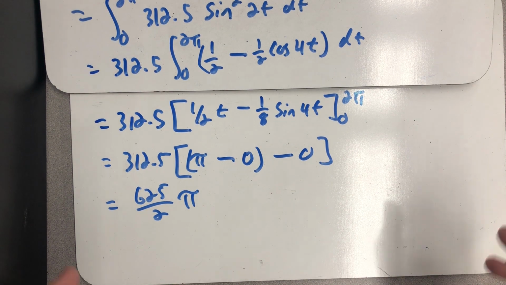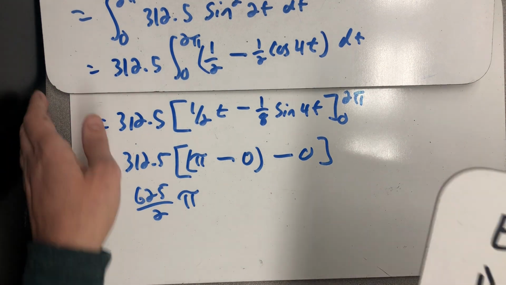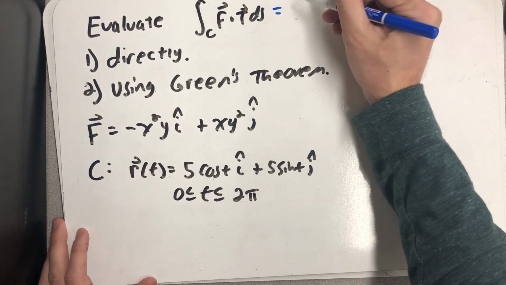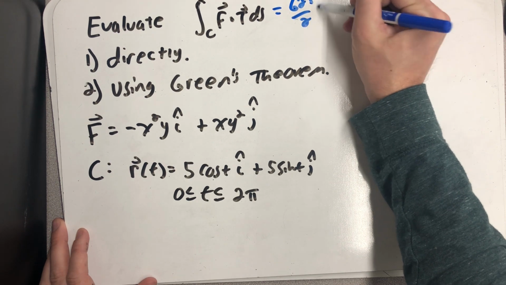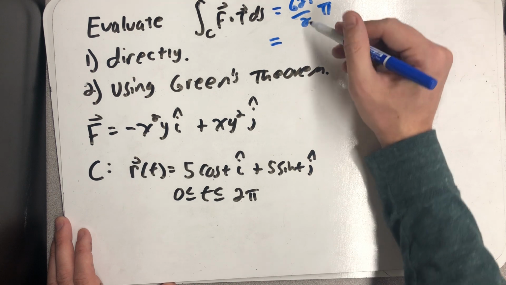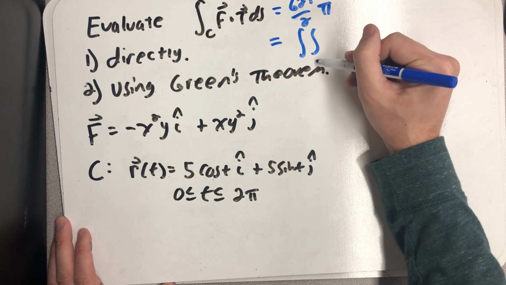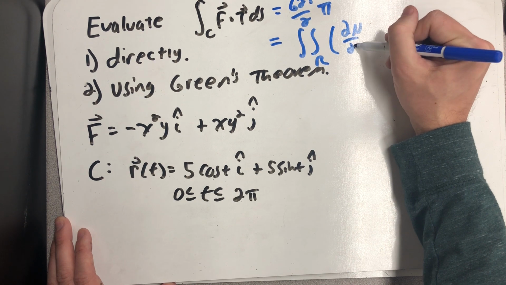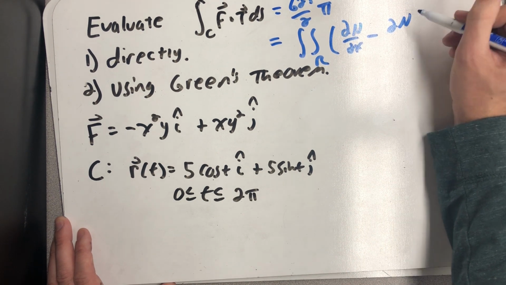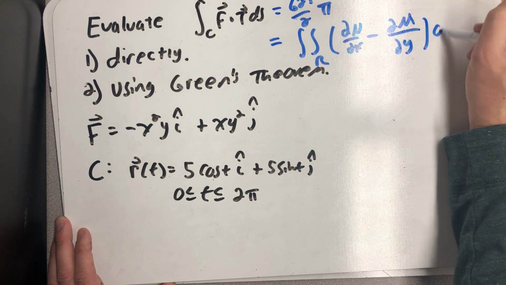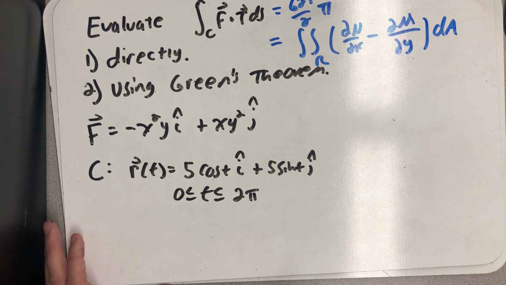Now I'm asked to do it again using Green's theorem. So hopefully we're going to get the same value we just did, 625 over 2 pi. But this time, instead of doing it directly, we're going to take a double integral over the region R with respect to that area.